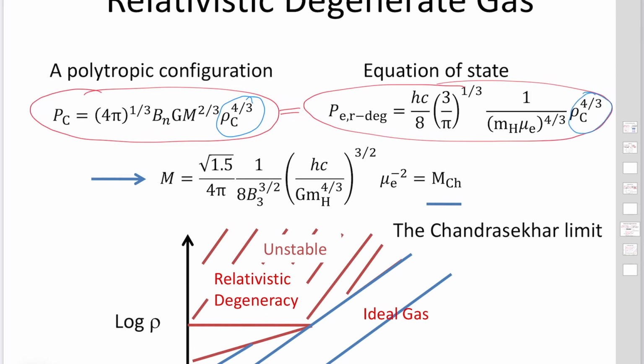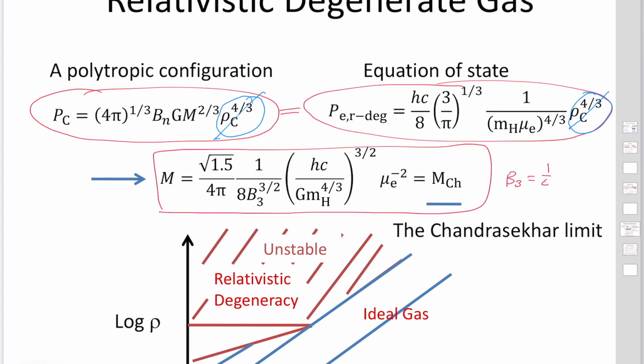So the central density is cancelled out. This cancels out. So we have a unique mass of the star. Actually, this corresponds to the Chandrasekhar mass, because B sub 3 equals 1/4, 1 over m sub 3, 2/3.